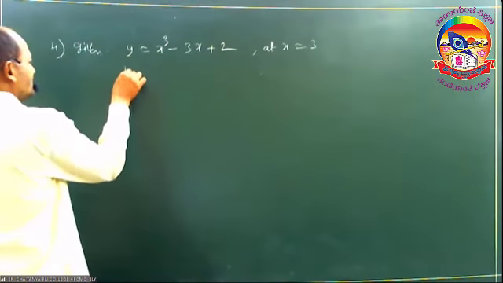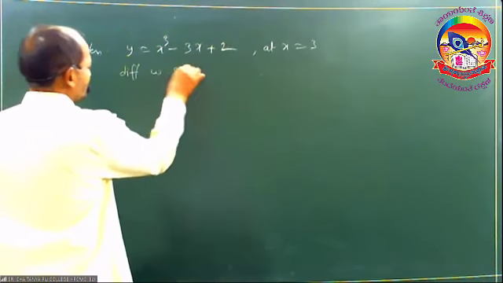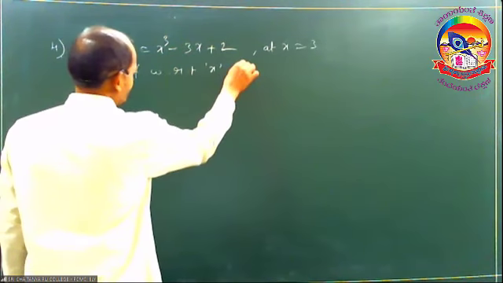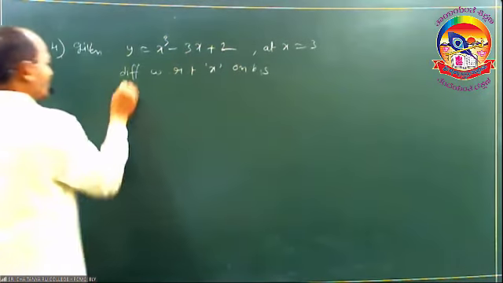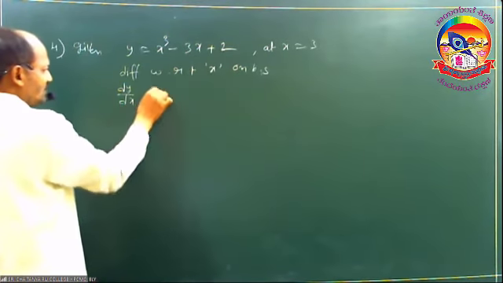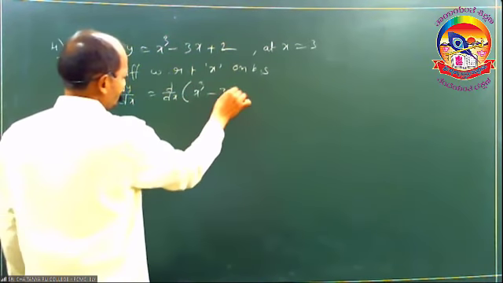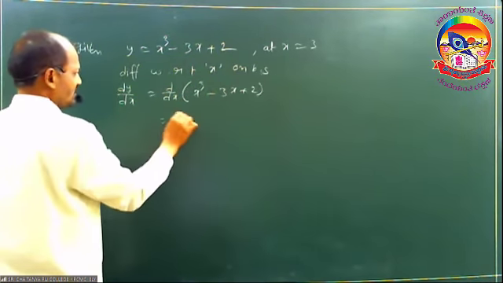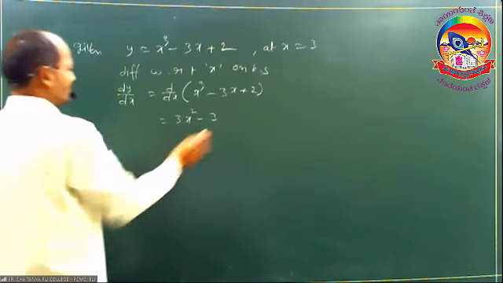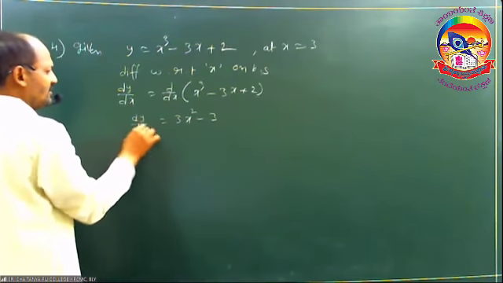So differentiation with respect to x on both sides. That is dy by dx is equal to derivative of x cube minus 3x plus 2. That is 3x square minus 3. That is dy by dx.